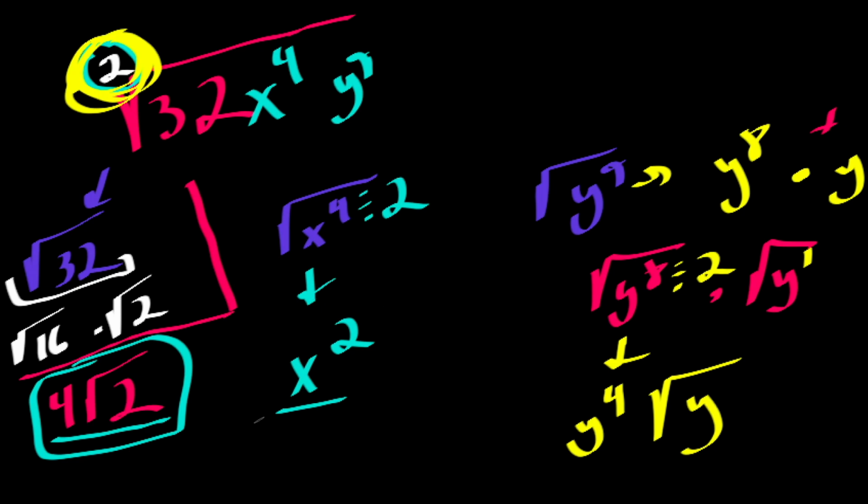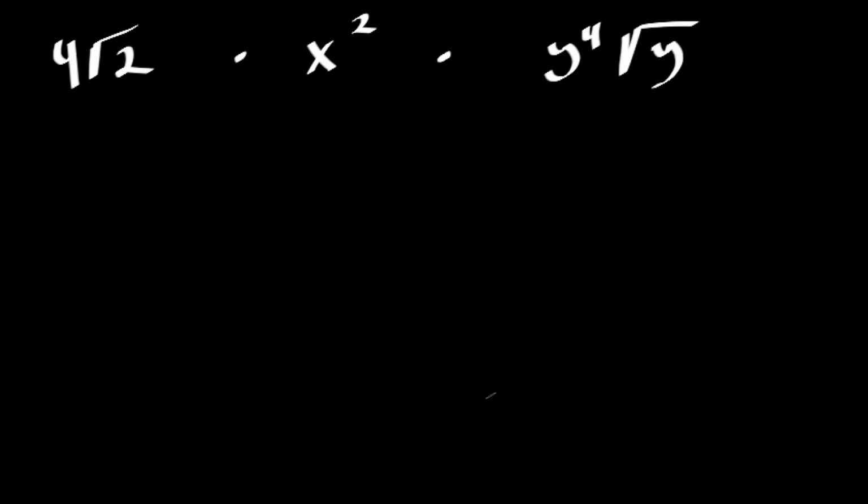So now, putting this all back together, here's what we have. And hopefully you'll get to where you don't have to break it all apart like this, but I'm going to do it just to try to make things helpful. So we had 4 radical 2, we had x to the 2nd, and then we had y to the 4th radical y. All right, so now, when we're putting this all back together, we're just going to multiply everything.